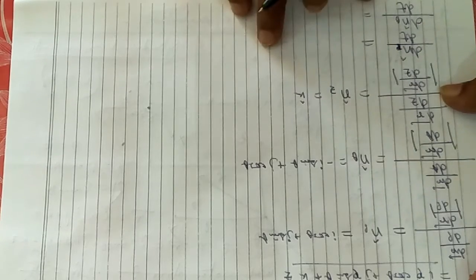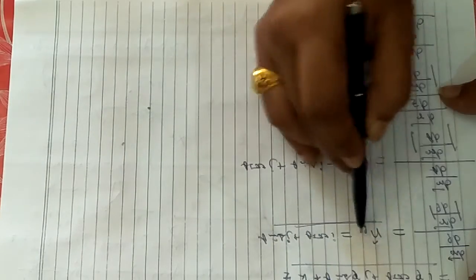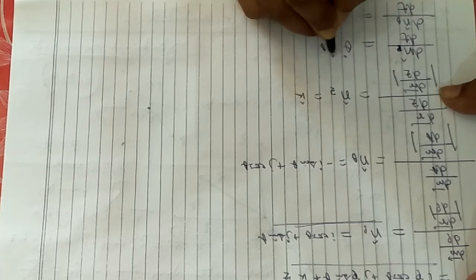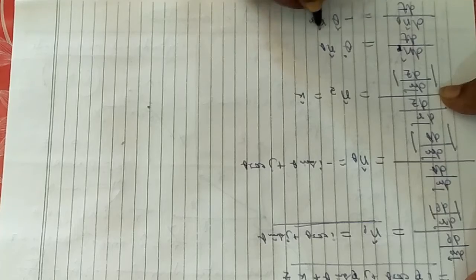That also you can keep on calculating. That is the unit vector that you got. Again, differentiate this one with respect to t. If you do this, you will get theta dot into n theta cap, and here you are going to get minus theta dot n rho cap.